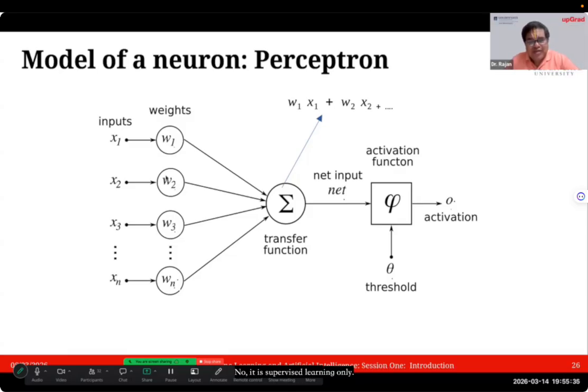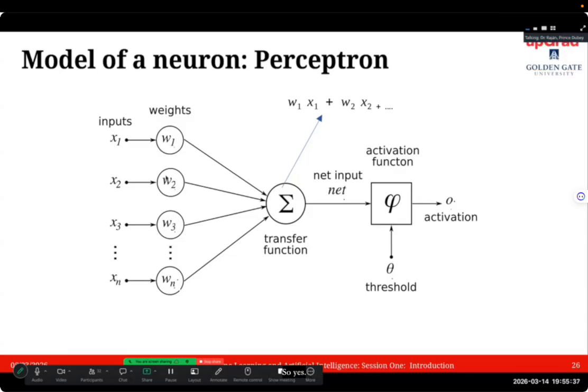No, it is supervised learning only. Supervised learning. So in the first example, I'm not giving anything, I'm just giving an image, so it is going to classify the image based on this function and then generate the results.